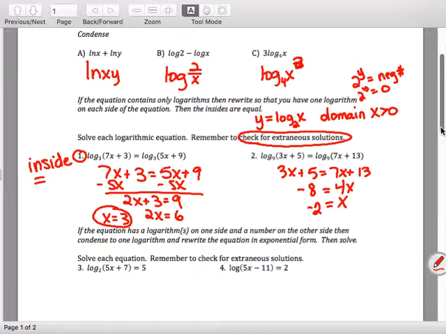Now, look what happens though. When I plug in negative 2, 3 times negative 2 is negative 6 plus 5. That's a negative 1. I can't have negative 1 inside a log. That was my only option, and it didn't work. So it's no solution.